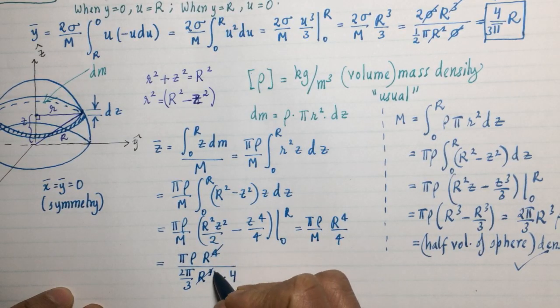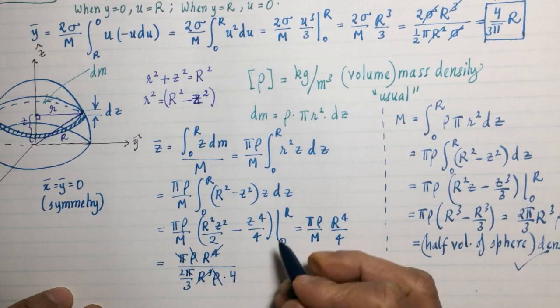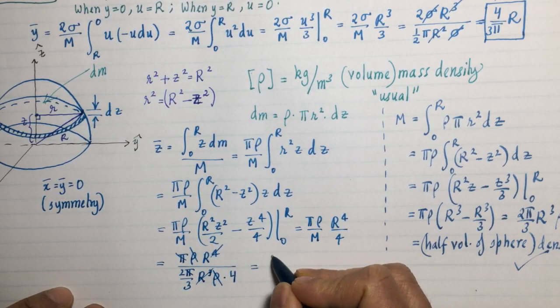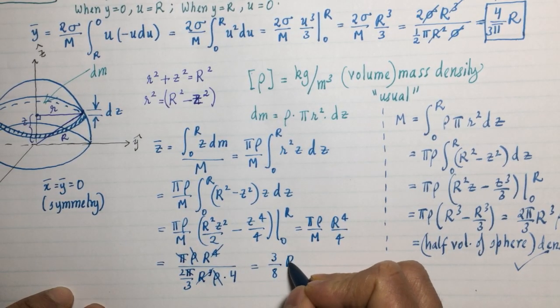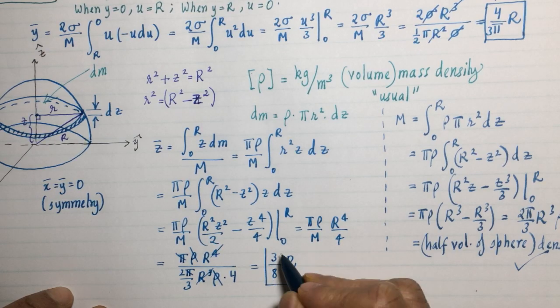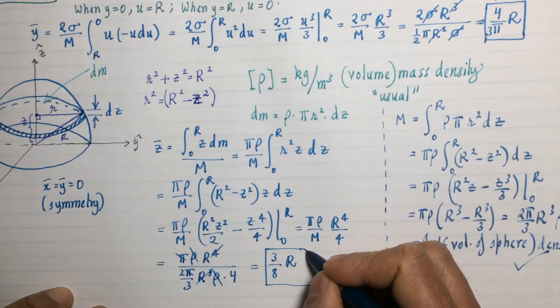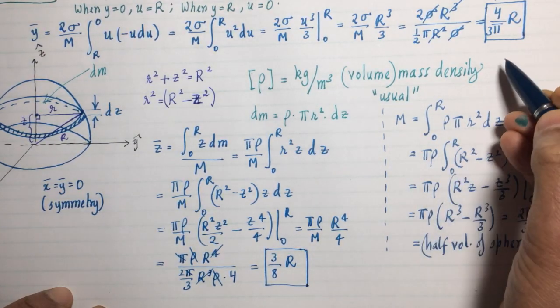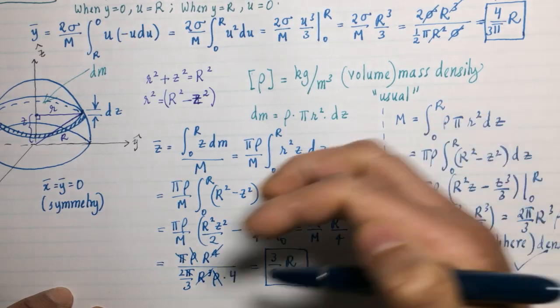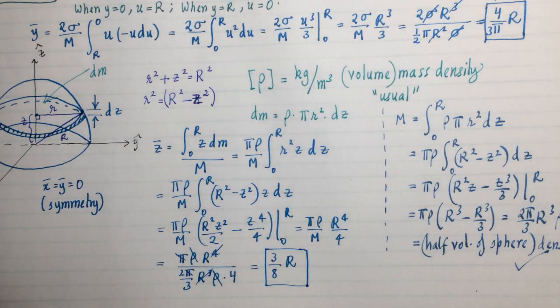Notice that there's just one factor of R. The density vanishes. A pi cancels out. And so that's just 3/8 R. 3/8 is even less high than that. So it's getting weighted down even more by the bottom.